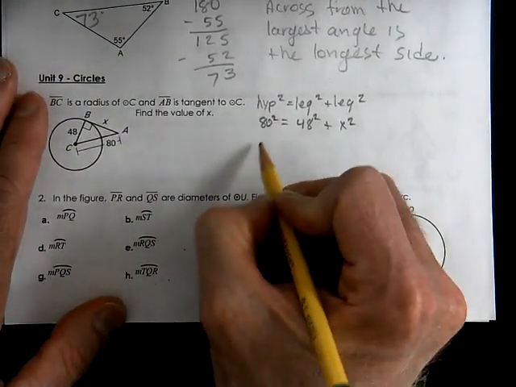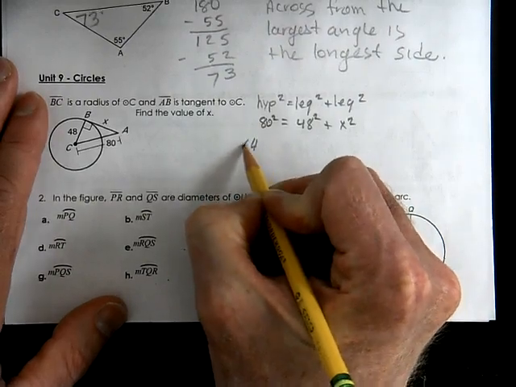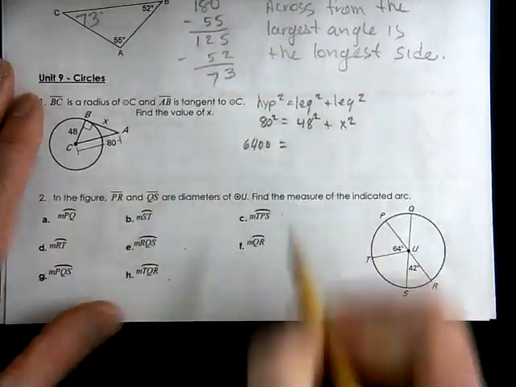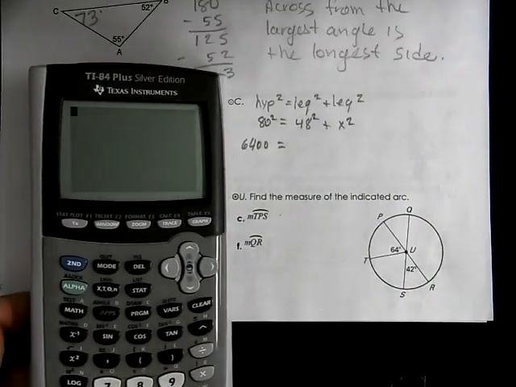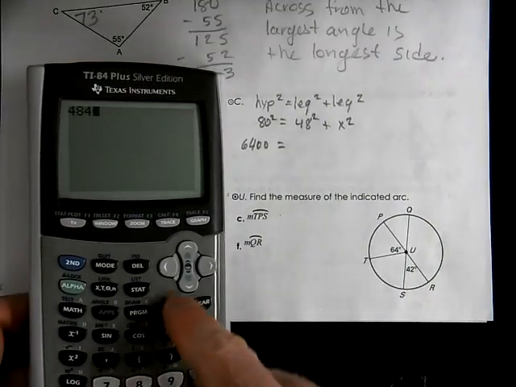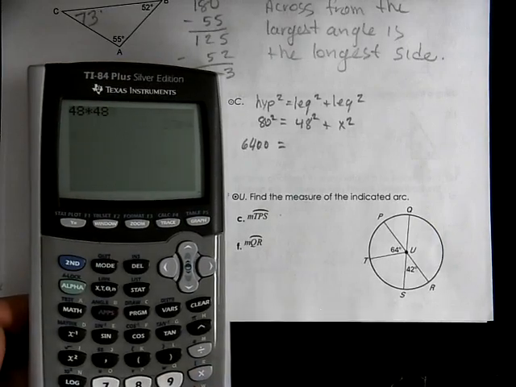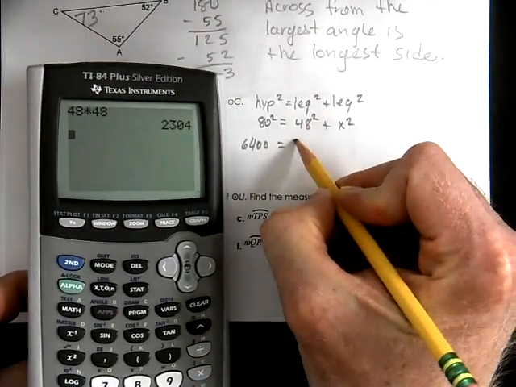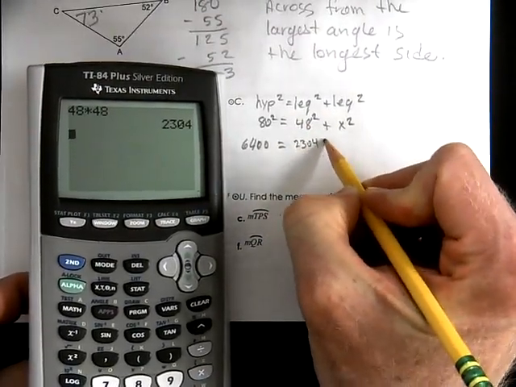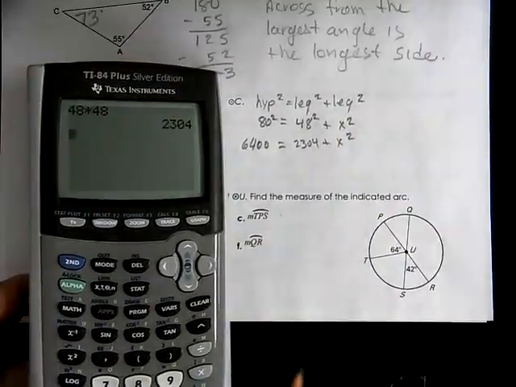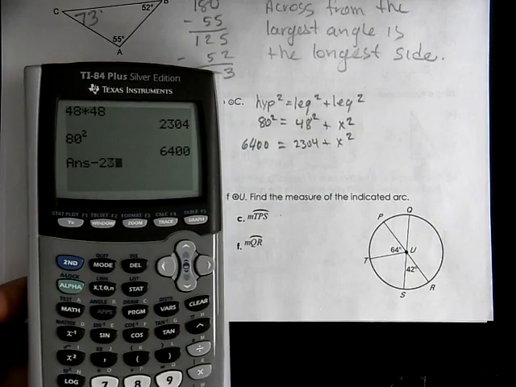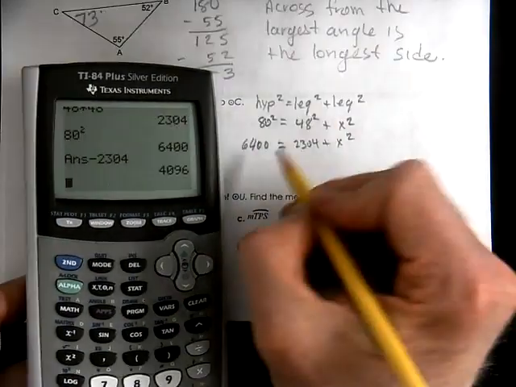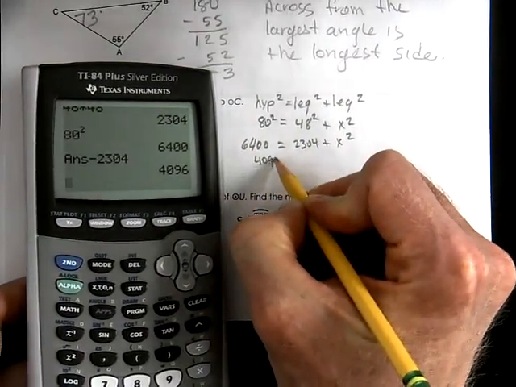So 8 times 8 is 64 with 2 additional zeros. 48 and 48 is 2304. So we'll take our 80 squared and subtract 2304. That gives us 4096.